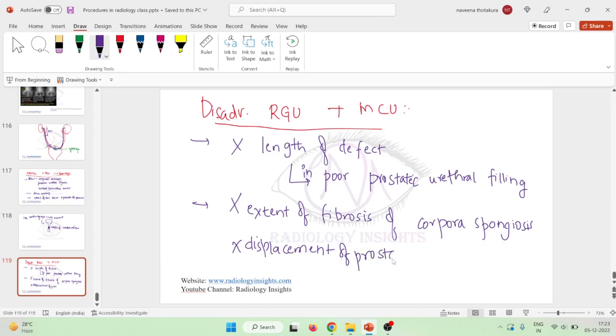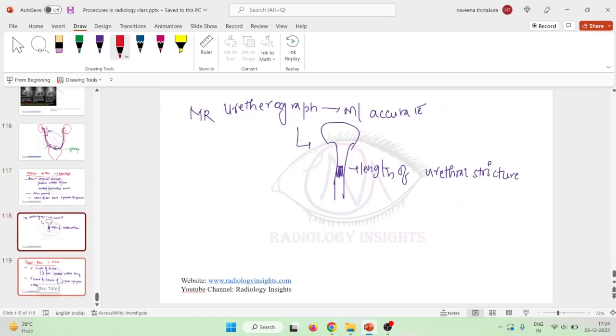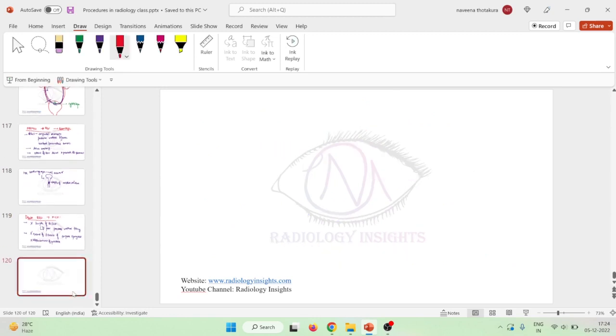But if you remember these three, the length of the defect, extent of scar tissue, and prostatic displacement can be assessed by MRMCUG and retrograde urography done together, whereas these cannot be assessed with micturating cysto-urethrography combined with retrograde urogram.